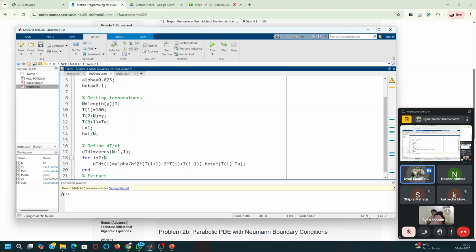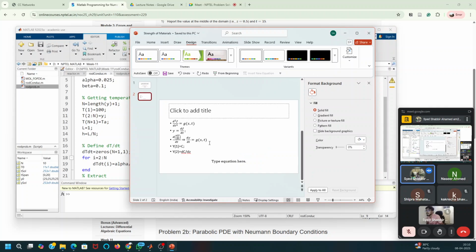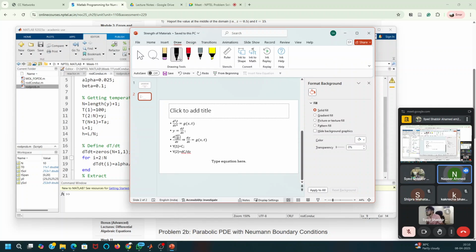No, this is making things difficult. What my doubt is, whether the plus 1 is adding any of the node points.